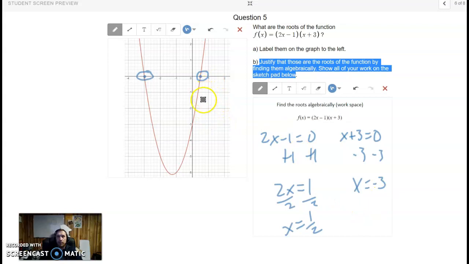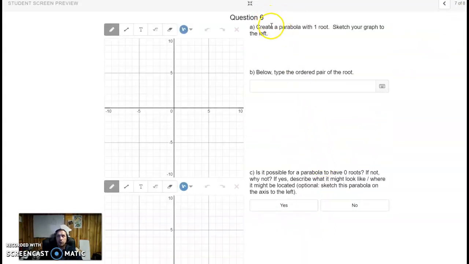So we could have 1/2, 0 is this point right here, and -3, 0. And you can see that on the graph too, but you have to justify it algebraically to get the full credit. All right. And then here our last question, create a parabola with one root, sketch your graph.